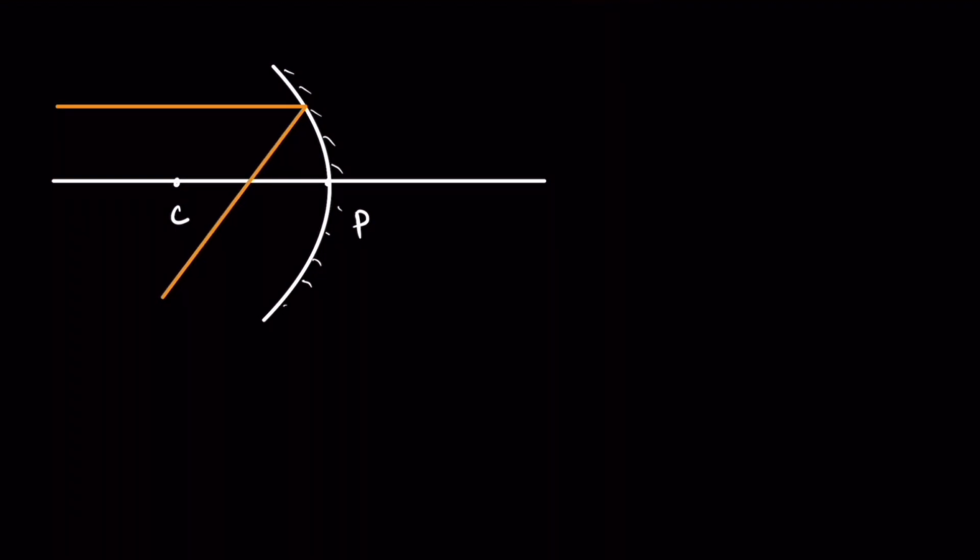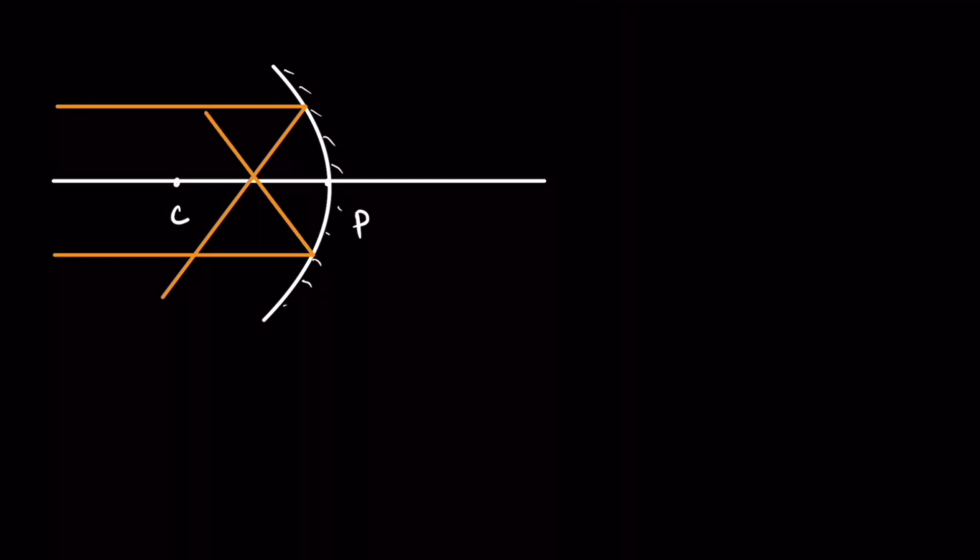Similarly, if I take another parallel ray, it will again reflect. Because concave mirror is converging in nature, both will converge and meet at a point on the principal axis. This point of intersection on the principal axis is called as principal focus, and it is represented as capital F.